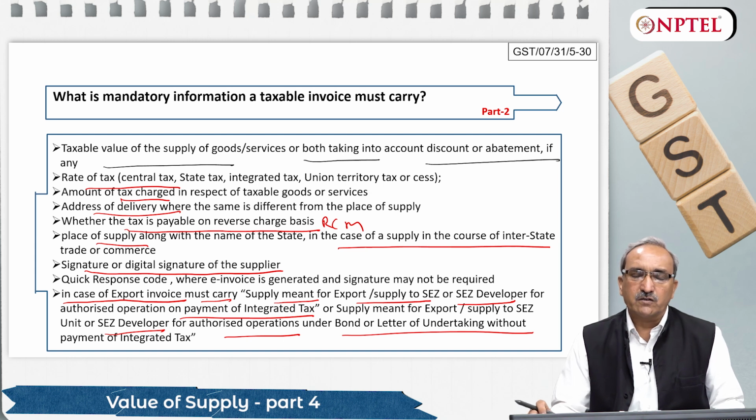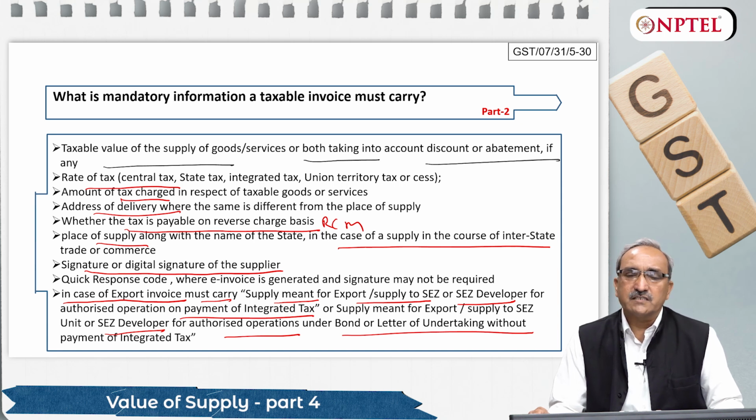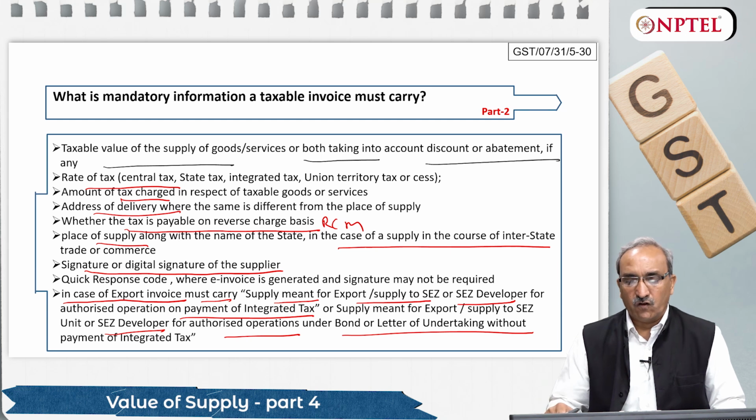Because for export there are set rules and regulations, there is a set procedure under section 54 of the CGST Act, read with rules 86 to 96 and also section 16 of the IGST Act. All these sections impact your export transactions. So we need to understand each and every section and the requirement of the law.